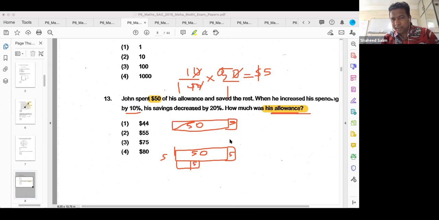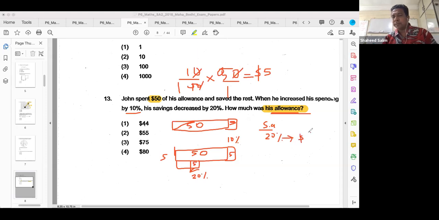So you see, increase by 10%. Then you say decrease, this thing goes down. Go down by $5, but it's a 20% loss. That means savings, okay? Savings, 20% is how much? 20% is $5. You must be able to get that. 20% is $5.